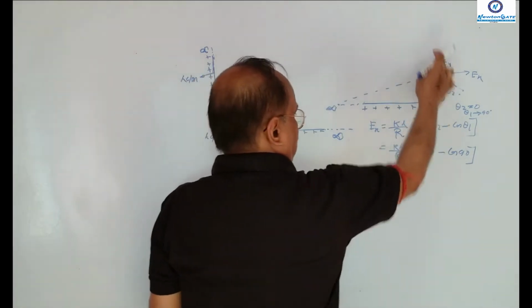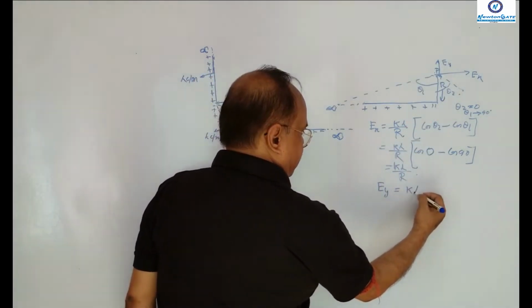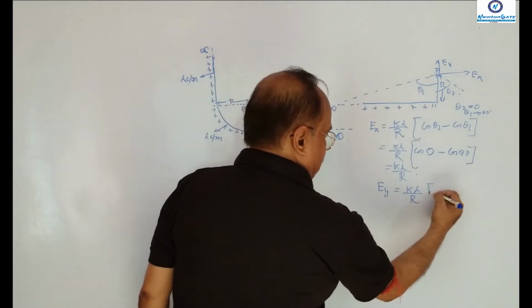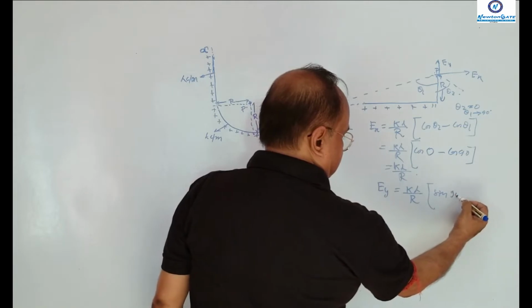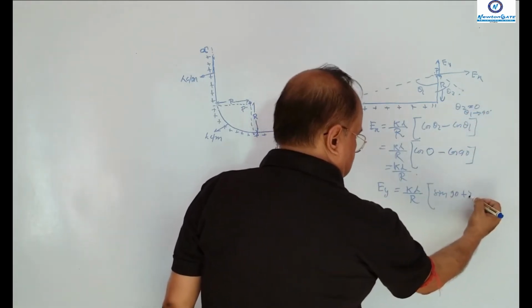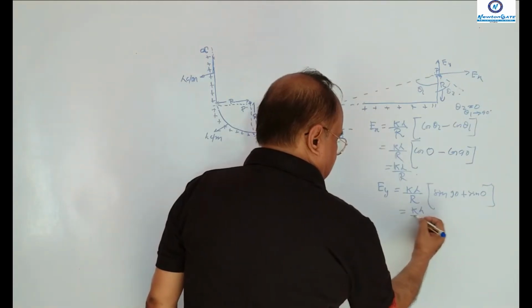Next is our Ey. Ey will be equal to k lambda by r into sin theta 1 plus sin theta 2, that is sin 90 plus sin 0. So it will be k lambda by r.